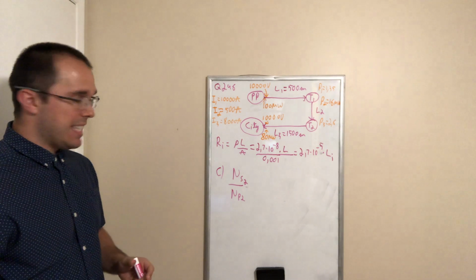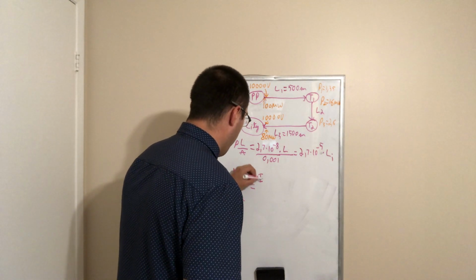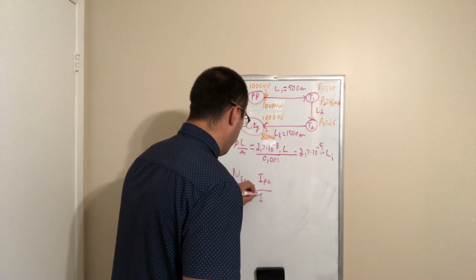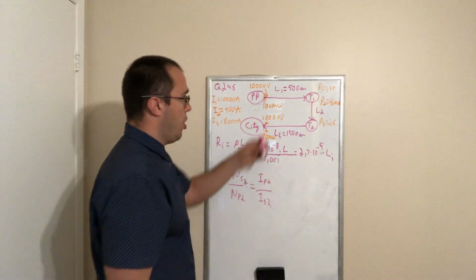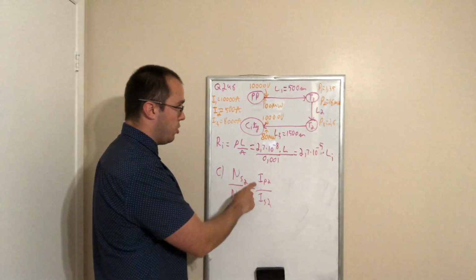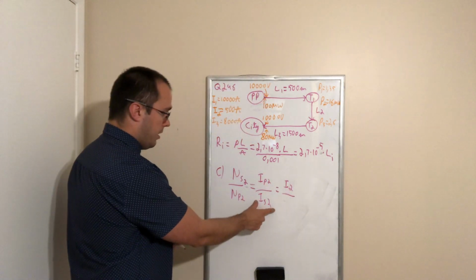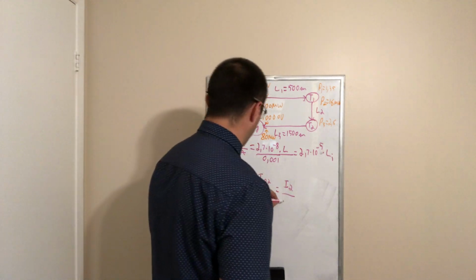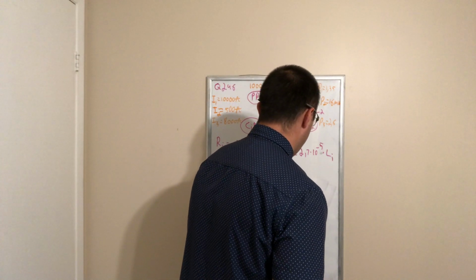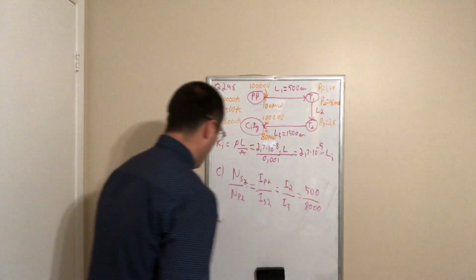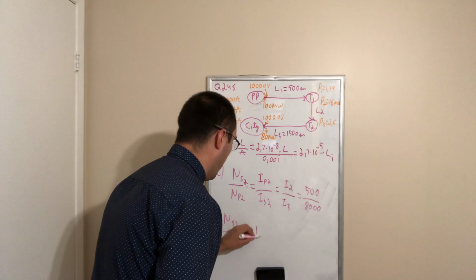And we have seen previously that we can link this to IP2 divided by IS2. We're looking at the transformer: the current coming in, IP2, is equal to I2, and the current coming out is equal to I3. In this case, it's equal to 500 divided by 8,000. So NS2 divided by NP2 is equal to 1 divided by 16.